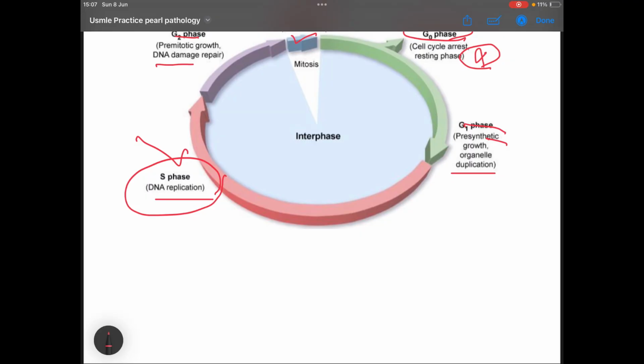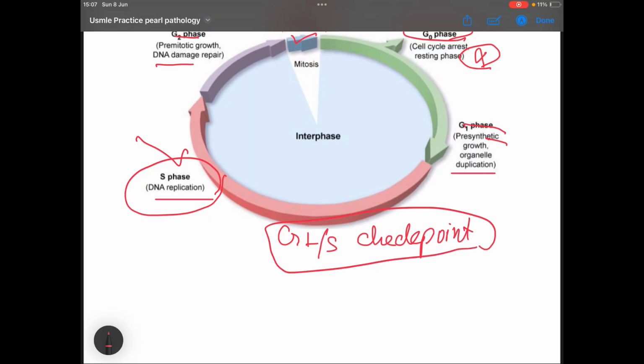So, immediately prior to the S phase is the G1/S checkpoint. This is a checkpoint in which the genes check for any abnormalities present in the cell after G1, whether it is an acceptable cell for S phase or not.